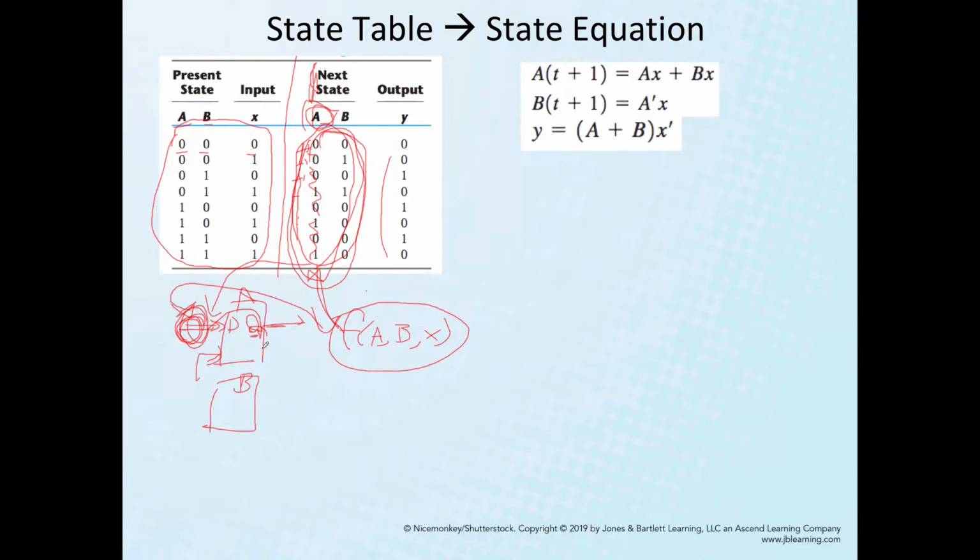Then on the next clock tick, the function output will appear on Q. Similarly, this is another function, let's say function G, with the present state A, B, and X. Then on the next clock tick, this will appear. So at this moment, function F should be on the D input of flip-flop A, and function G should be on input D of flip-flop B. That is something we need to do.